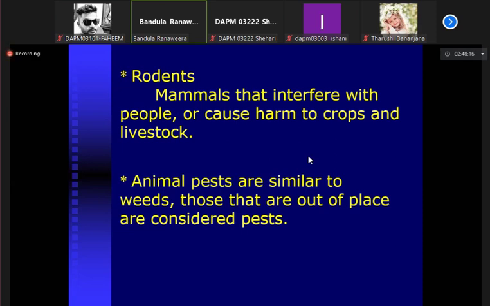Now, one thing I have to mention, which is given here, those animal pests, giant squirrel, then elephants, some grazing animals, now we like them. We like to see them in national parks, but it is just like weed plants.